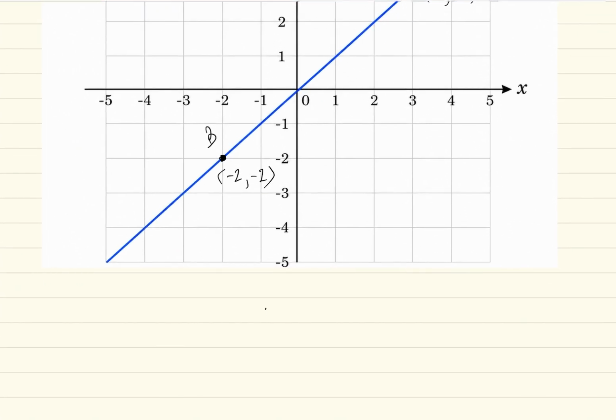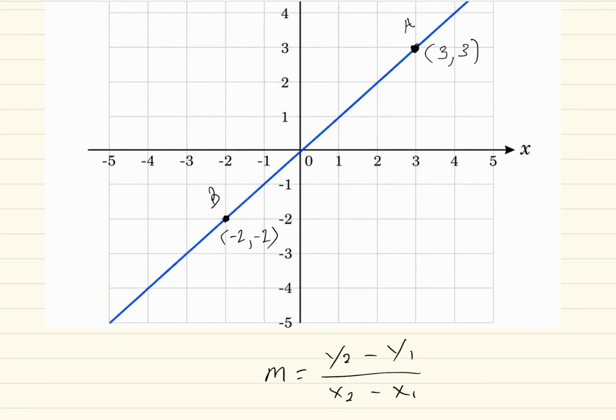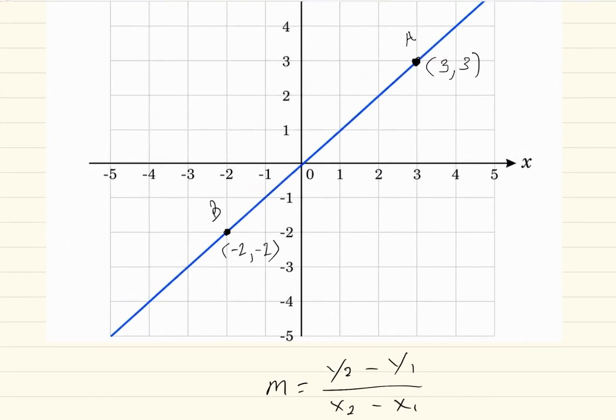If you remember the formula, it's m is equal to y2 minus y1 over x2 minus x1. The way you want to do this, you want to be consistent. You want to pick any point and then subtract the other point. So let's say we start with point A. We start with the y value, and we can see that the y value is 3.